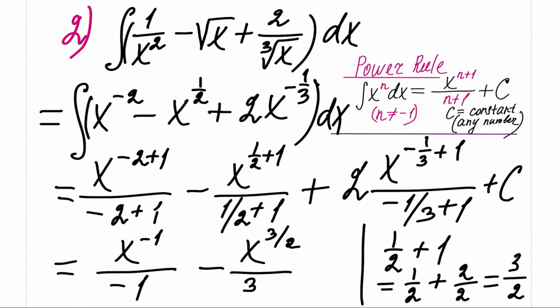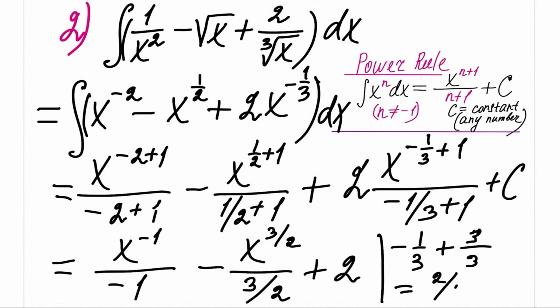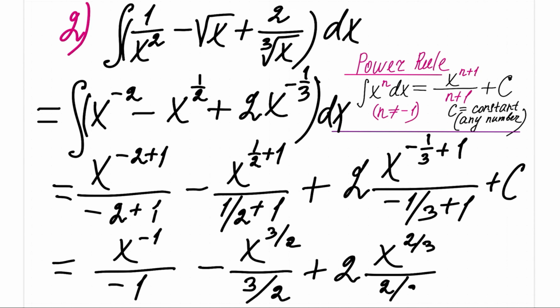So your new power is 3/2, over 3/2. And finally, for the last one, we are going to actually subtract a third from 1. So 1 is 3/3 minus 1/3. It's going to be 2/3. That's your new power for the last term. So 2/3, 2/3, and c at the end.